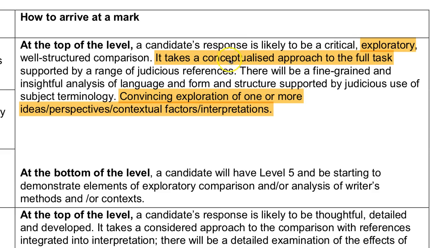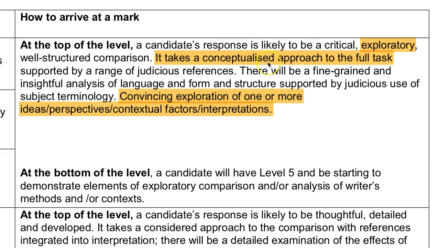Now, let me show you why this is so important. So we're at the very top of the mark scheme here, and the examiners want us to be exploratory, and exploring the writer's ideas, as I've just done, is going to get us in the top band. It also wants us to take a conceptualized approach to the full task. In other words, we have to write about concepts.